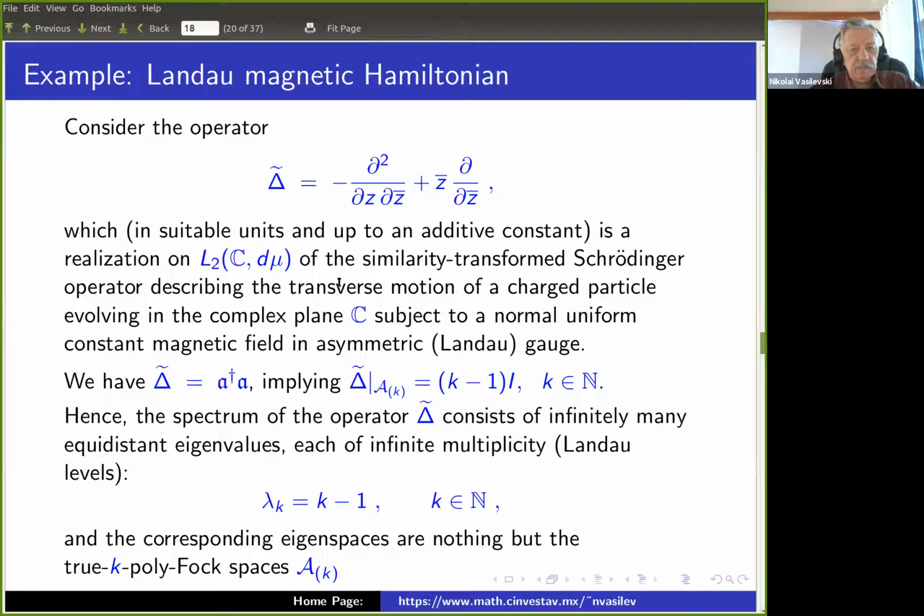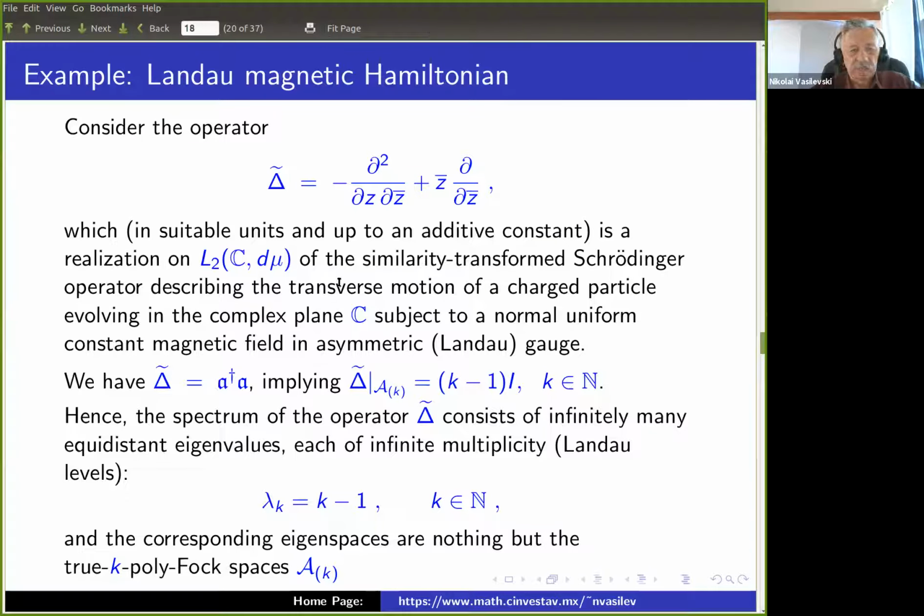Let us consider the operator delta tilde, which is, in fact, the Laplacian: the partial derivative of second order with respect to Z, minus Z bar times the partial derivative with respect to Z bar.